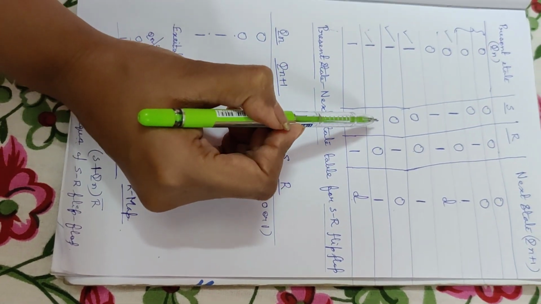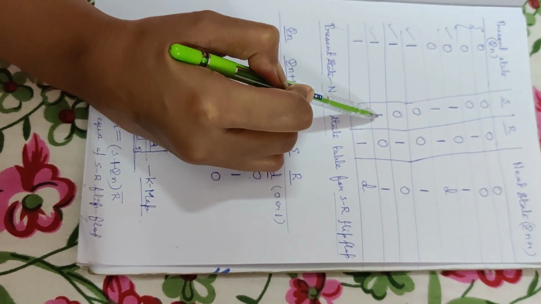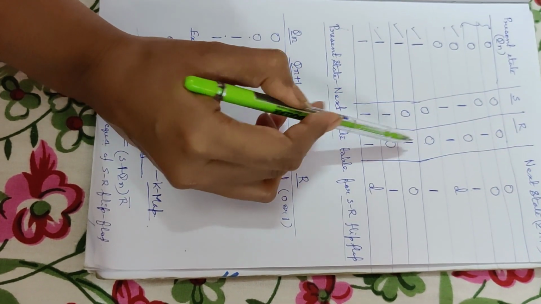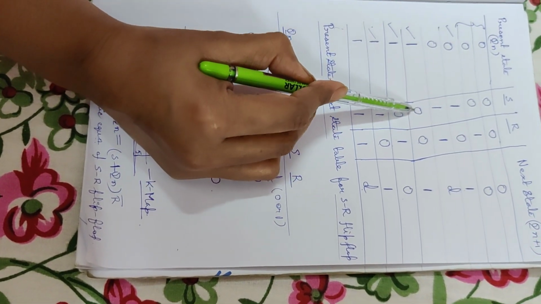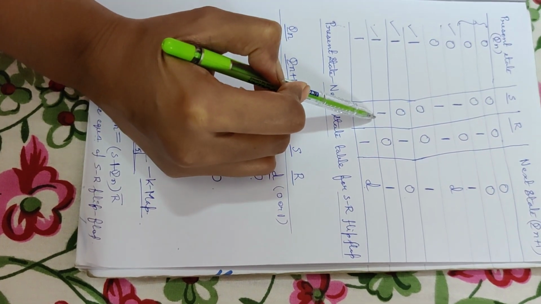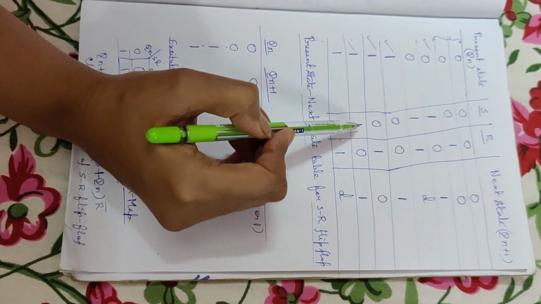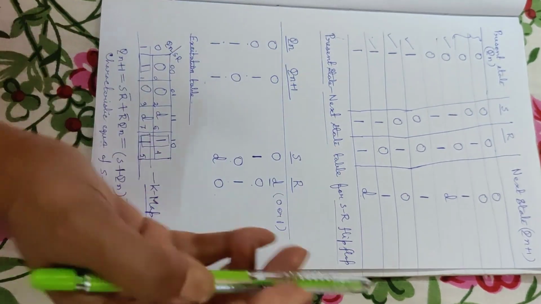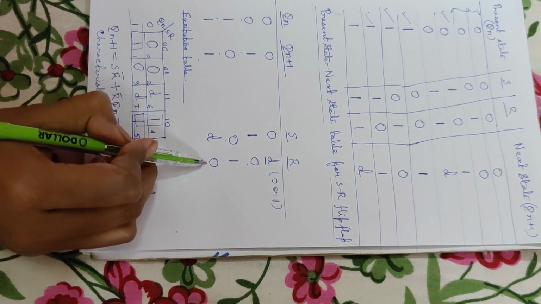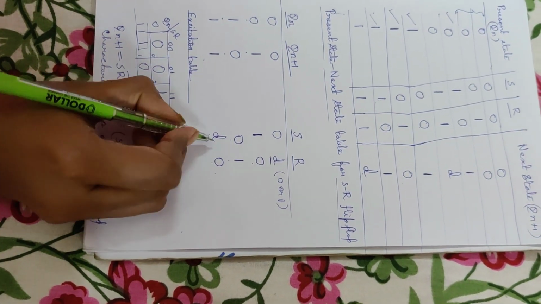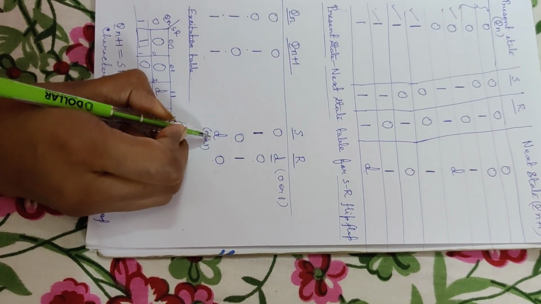Now if we compare the values of S and R for these two rows, we can find out that the value of R is fixed at 0 and the value of S is changing. Here the value of S is 0, value of R is 0. So here we will not care about the values of S and the value of R is fixed. So we can write down here R equal to 0 and S equal to D. D means it can be either 0 or 1. We don't care about the values of S.